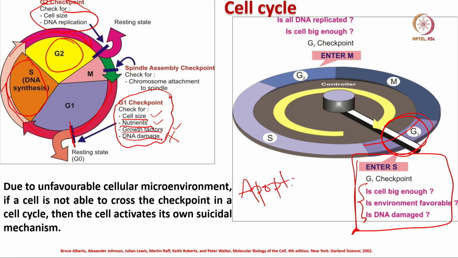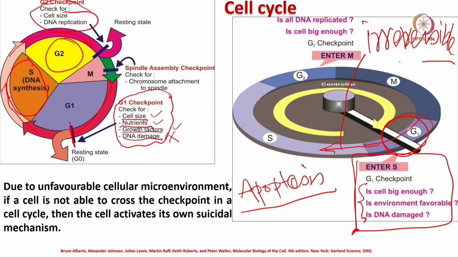I will explain in a subsequent slide what apoptosis, the programmed cell death, is. So, two things you should remember. First, this process is irreversible: going from one phase to another, G1 to S, S to G2, G2 to M, these are all irreversible. G1 means gap 1 phase, S phase means synthesis phase, G2 means gap 2 phase, and M phase means mitosis phase.